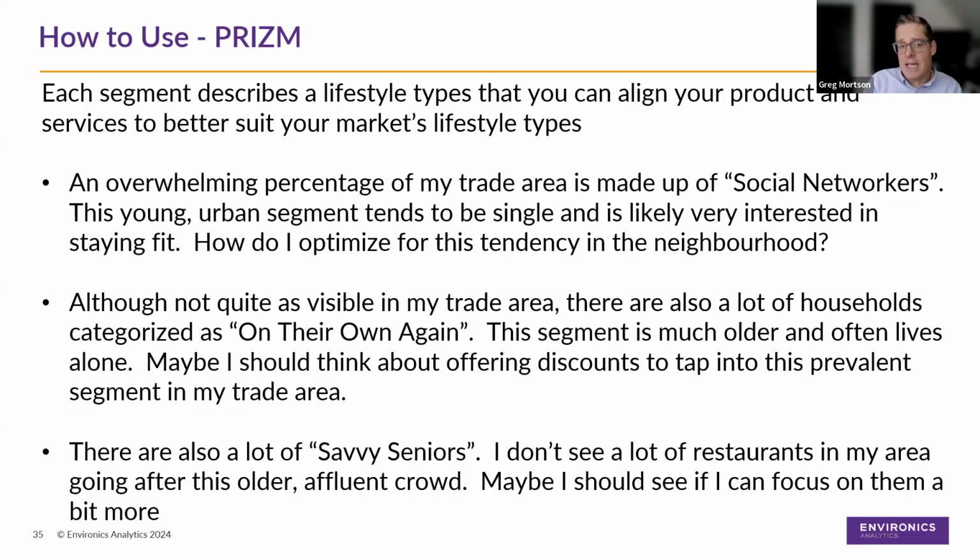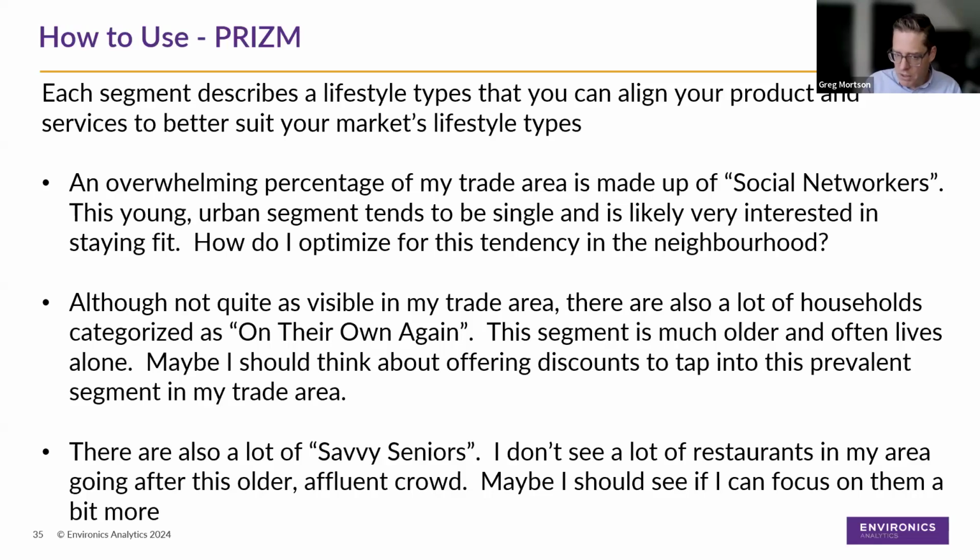And as I mentioned, you may get some more senior households that aren't quite as visible. For example, there's a segment called On Their Own Again. These are often retirees who are empty nesters now, maybe don't have as much money to spend, but still really need services that you provide.